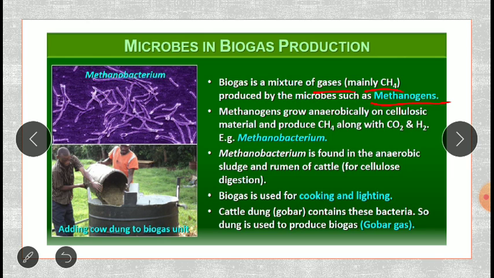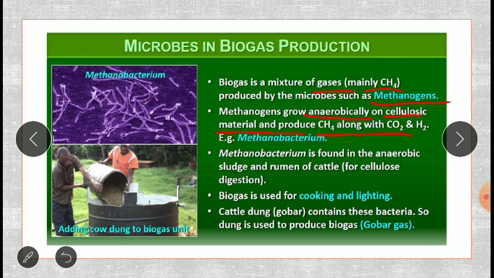Methanogens grow anaerobically, which means in the absence of oxygen, on a cellulosic material and produce methane along with carbon dioxide and hydrogen. So what is cellulosic material?